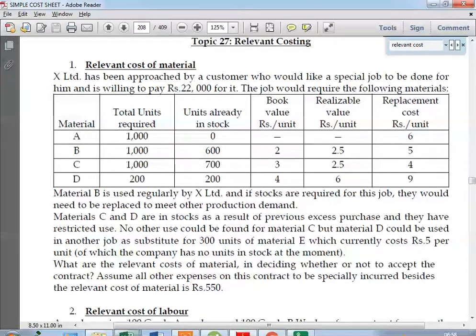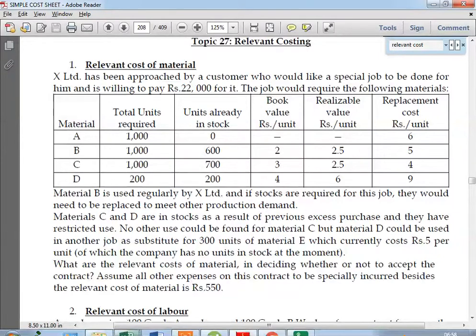In stock, out of stock? Partly in stock, partly out of stock. We need 1000 units. For the out of stock portion, 5 rupees. For the in stock portion also 5 rupees, because it's a fast moving item. That distinction is nowhere needed. I am not bothered about whether it is in stock or out of stock for a fast moving item, because you use it and replace it, or buy it and use it. That depends on what is going to happen practically. Clear? So now write material B.